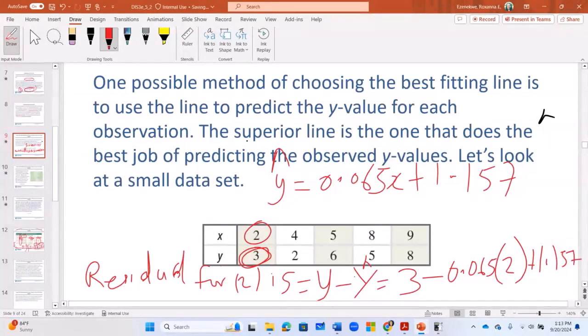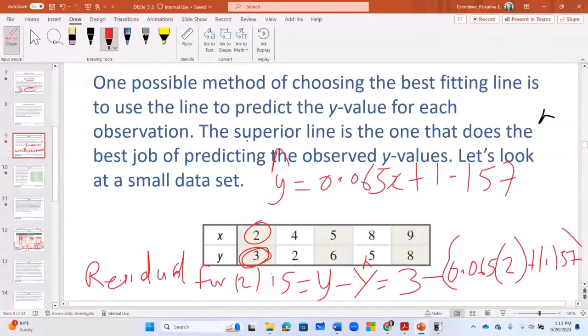All right. So what I'm going to do, and by the way, I am going to use parentheses, brackets, whatever you call it, because I am subtracting the whole predicted from the observed. So I can just do it manually. I can get my calculator quickly. Whenever you're told to find the residual for each of them, you do it one by one.